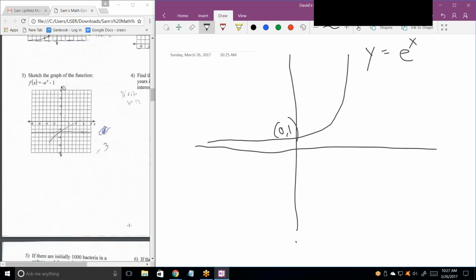Any number to the 0th power is 1. So all of these exponential functions look exactly the same when you first look at them, and they all go through this same point, the y-intercept. So the only thing we have to figure out is how this f of x function differs from our parent function.